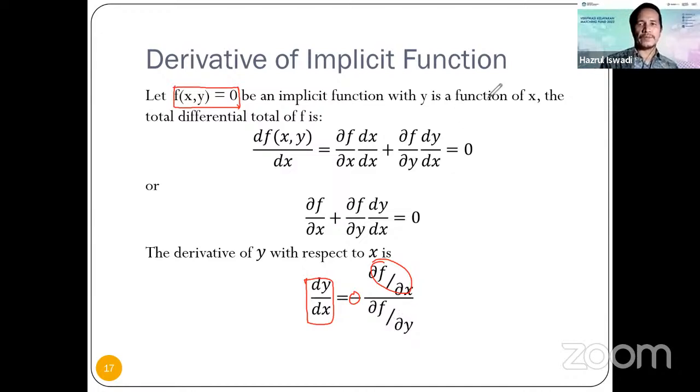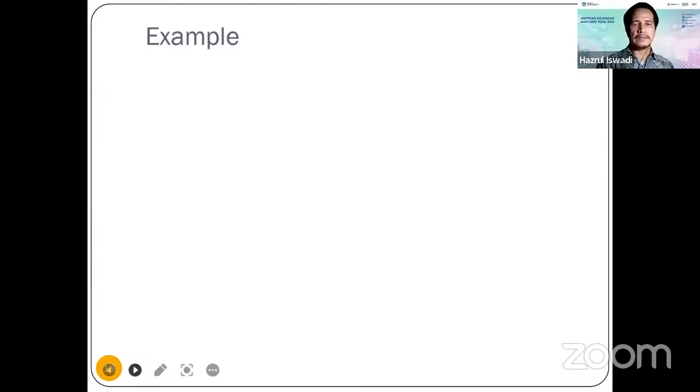Okay, let's apply these formulas. Also, the derivative of x with respect to y can be found like this.